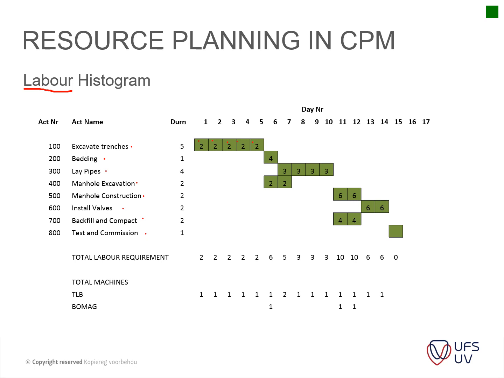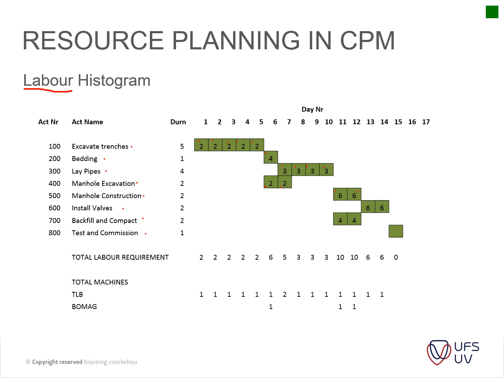Your bedding, you can put in 4 people to work on that, and it takes them about 1 day. Then you've got your manual excavations, you need about this amount of people. Laying of pipes, you need 3 people. And then you've got your manual construction where you need 6 people, and so forth.